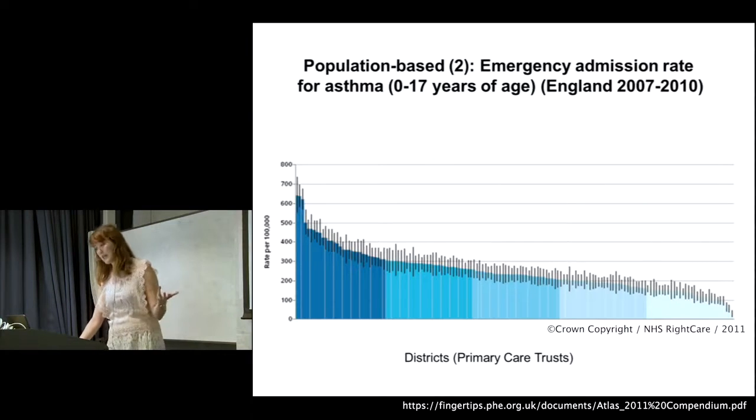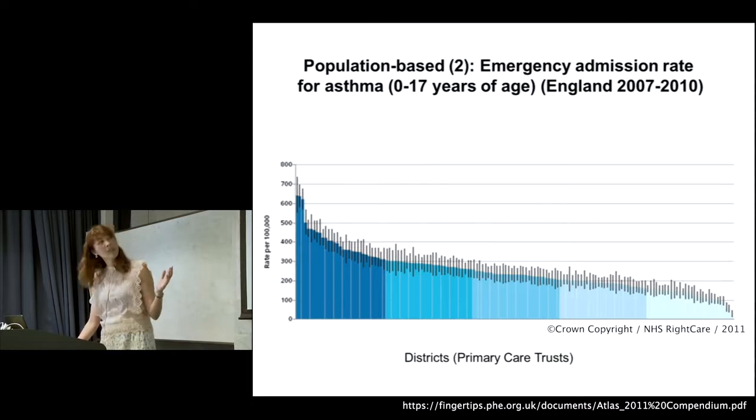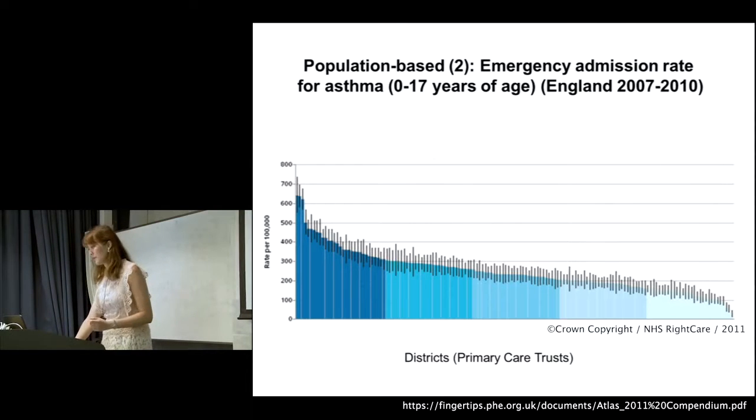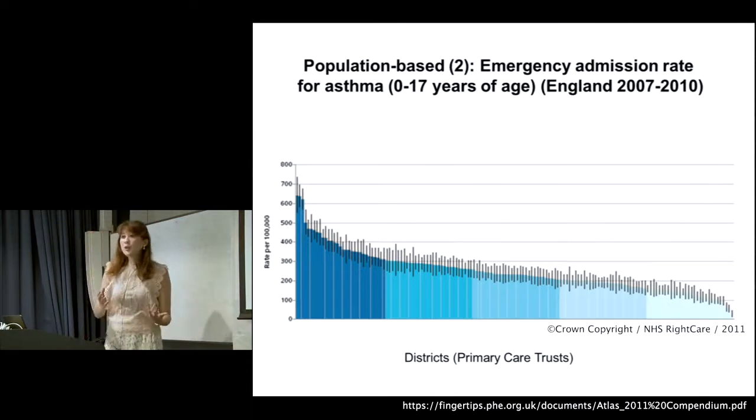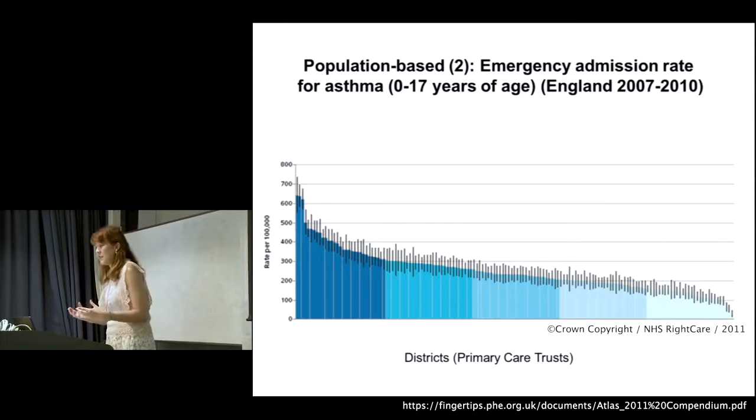And population-based emergency admission rates in England for asthma. So this is not a referral, just a general turn up to the emergency department for asthma. Huge variations. We can assume there might be some variation in the prevalence of asthma between districts.